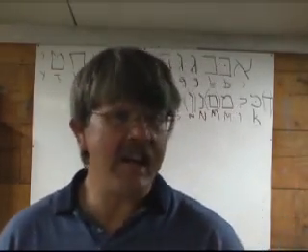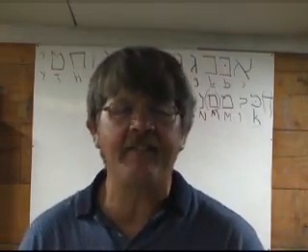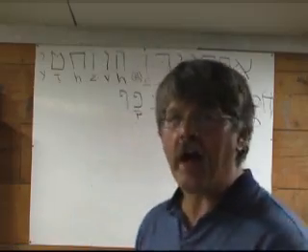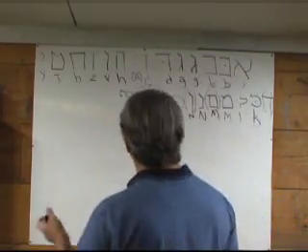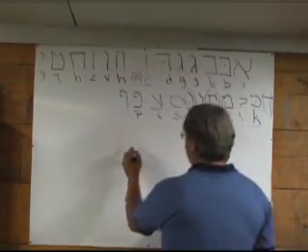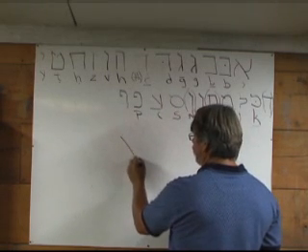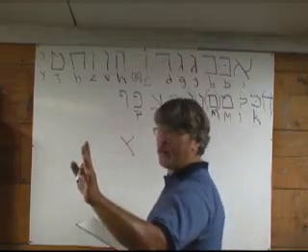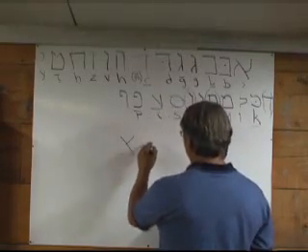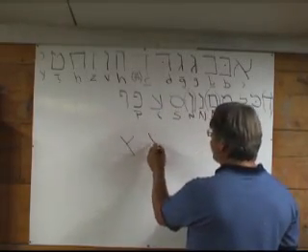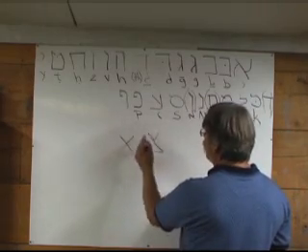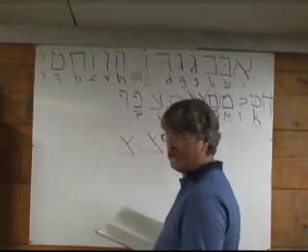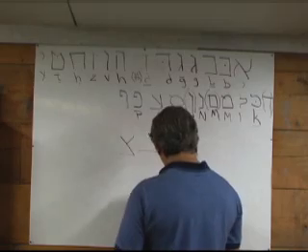It sounds like a Z a lot of times, but it's TS. Tsadi. Tsadi. And when you say it fast, it sounds like Z, but it's Tsadi. And Tsadi, you go like this and over, and then you add that. And I'm just doing the square script with you, so I'm keeping it simple. So you just make almost like a caret, and then bring that up. It's almost like a backwards Y. That's Tsadi.